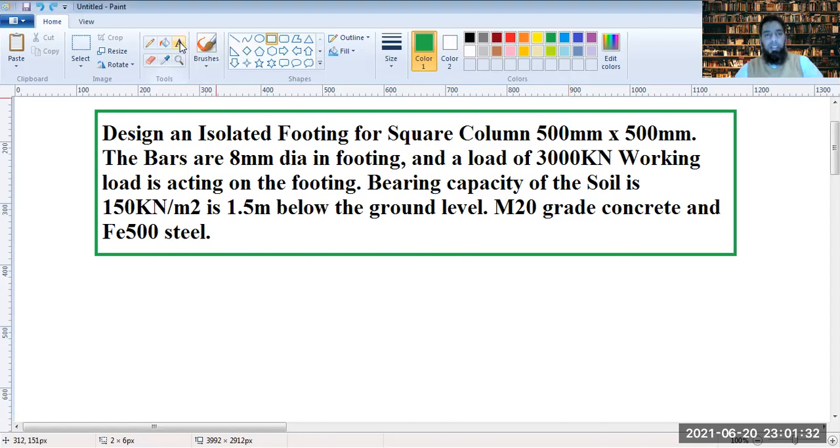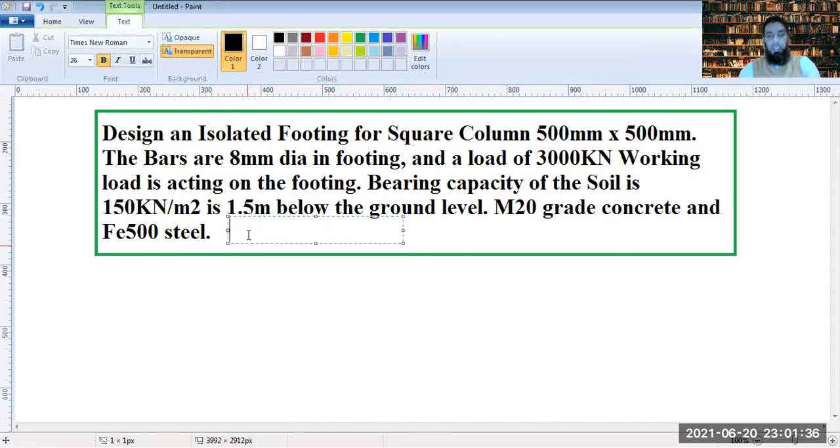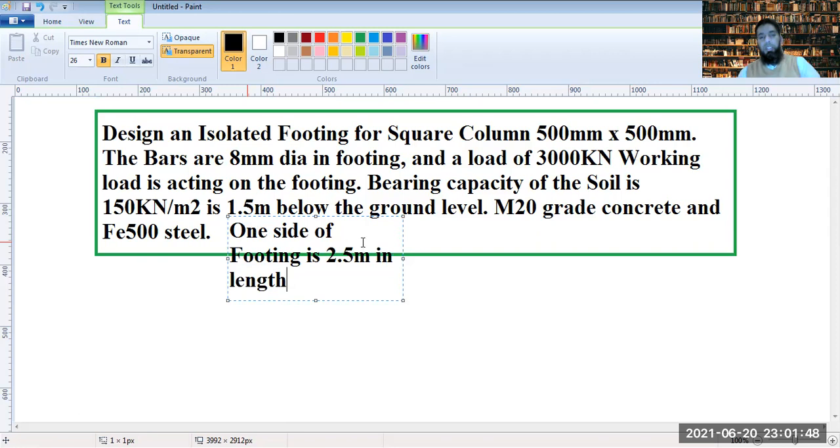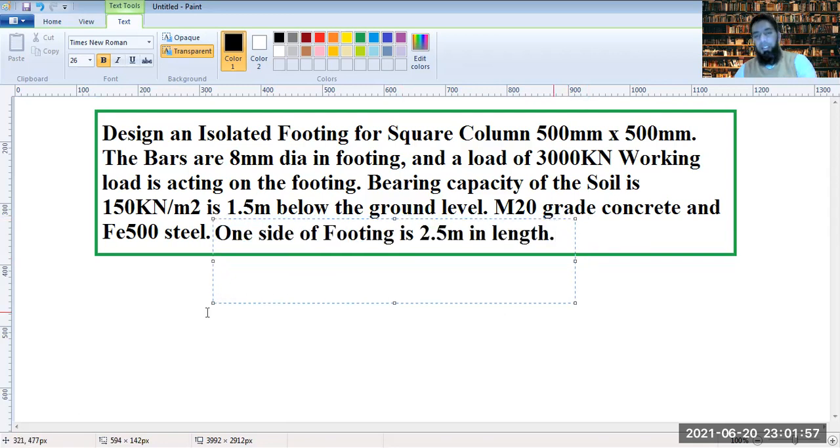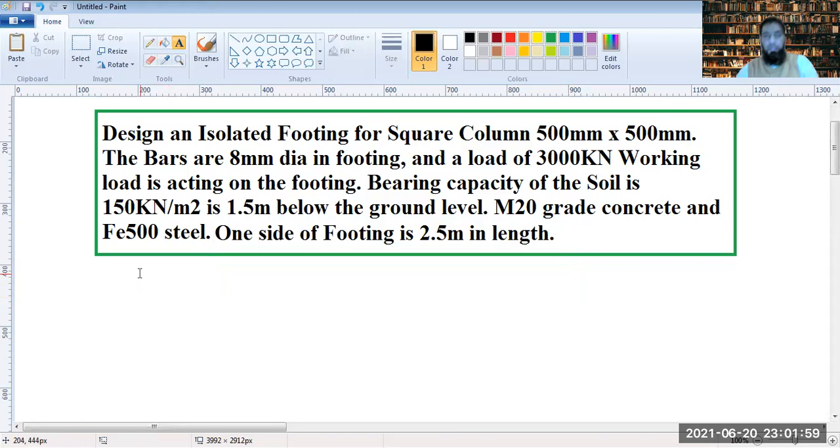But let's say there is a restriction on one side of the footing of 2.5 meter in length, so you would usually have to go for a rectangular footing in that case, because a square footing would not be feasible.